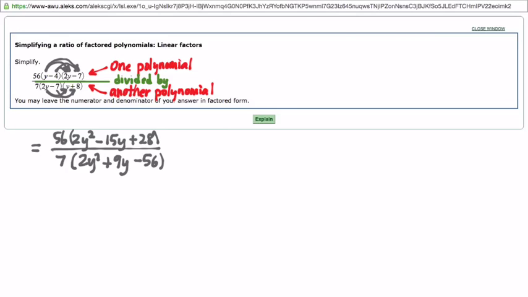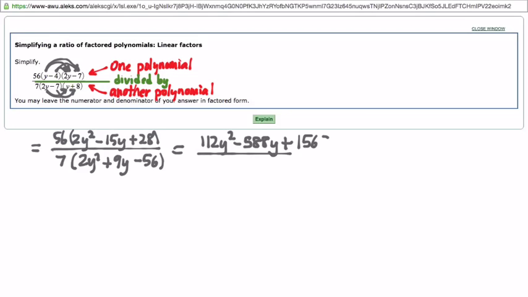So then I would need to multiply that 56 through everything. That's going to give me 112y squared minus 56 times 15. It's going to be 560 plus 28 is 588. y plus 56 times 28, oh gosh, that's going to be 1,000 plus 120 is 1,120 plus 400 is 1,520 plus 1,568.